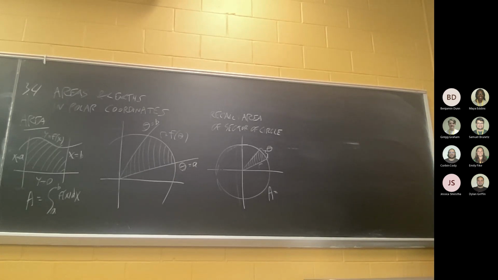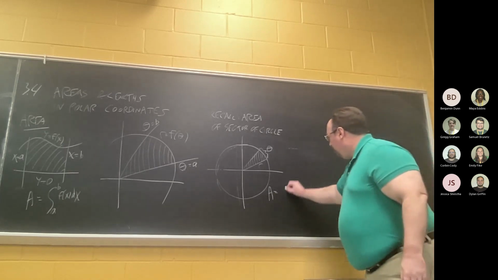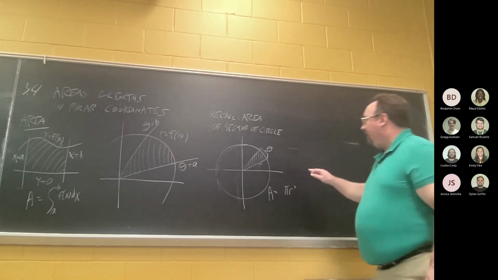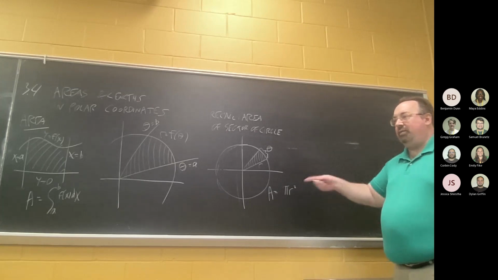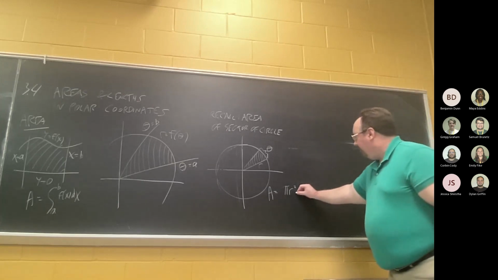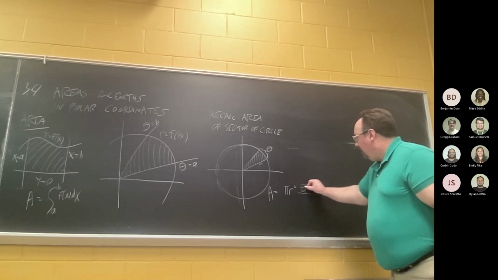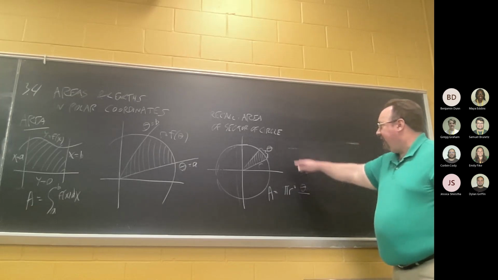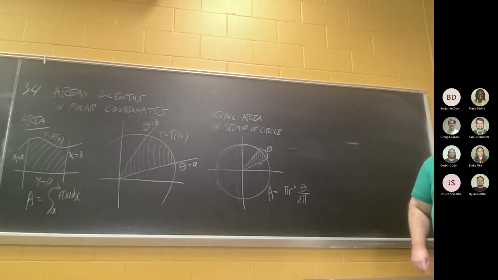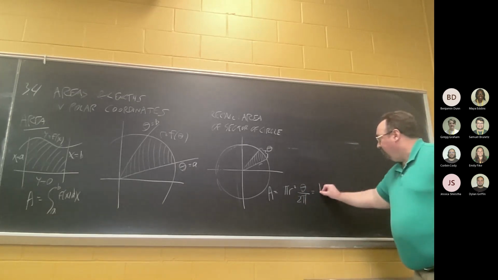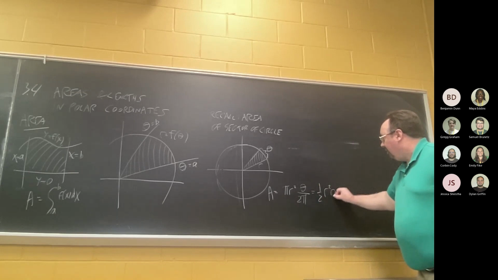It sounds like we're trying to take a fraction: if we take a whole circle, pi r squared, but keep in mind that theta equals 2 pi covers the whole circle, then if I take the portion that we have, theta, and divide by what we get for a whole circle, and simplify, we get 1/2 r squared theta.